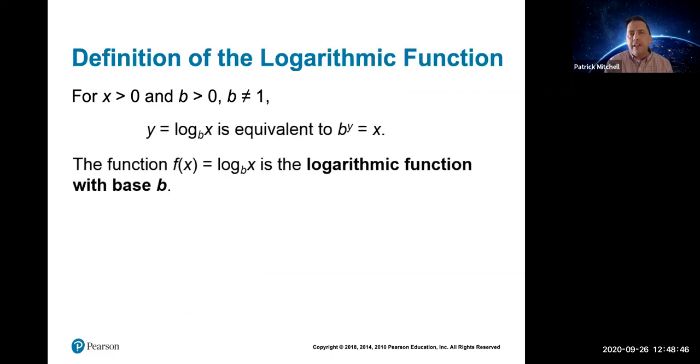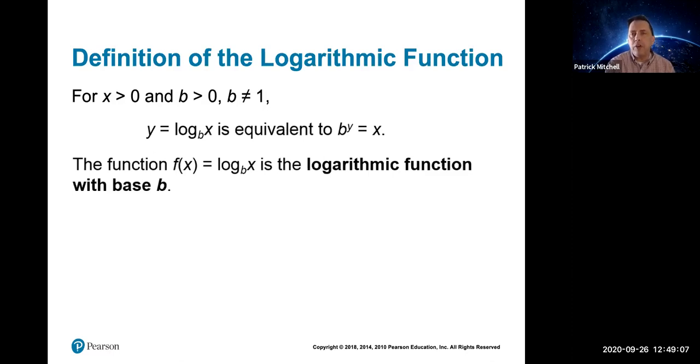So we mentioned in the last section when we were talking about exponential functions, one of the properties of exponential functions is that they are one-to-one and therefore have an inverse. So a logarithmic function is the inverse of an exponential function.